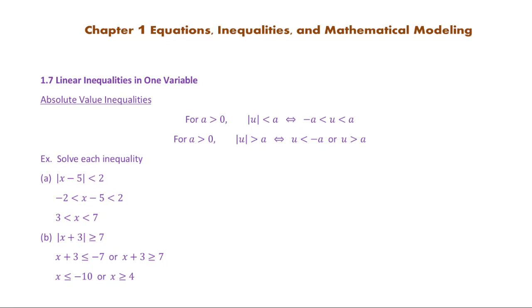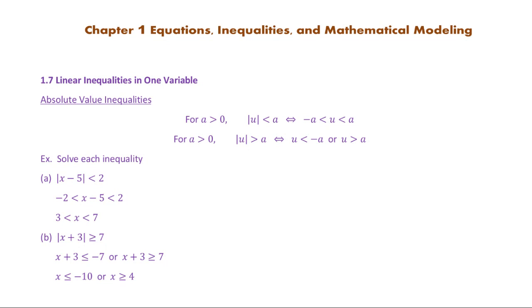Then the absolute value of negative 2 is 2, and that is greater than 1. And if you pick 3 for x, the absolute value of 3 is greater than 1, and 3 is greater than 1 itself. Okay, so this is how you solve absolute value inequalities.